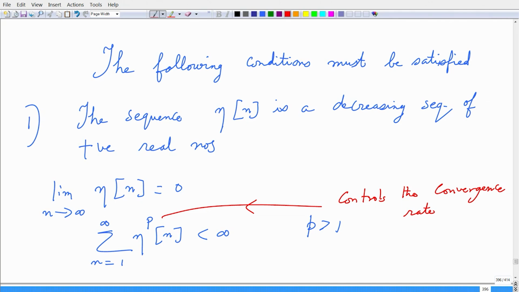It should be less than infinity. Here one can imagine what the power p stands for. I mean, physically it basically controls the convergence rate of the algorithm, right. That is important.